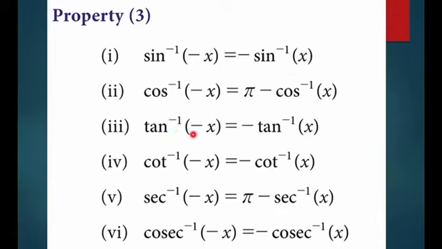Tan inverse of minus x is minus tan inverse. Cot inverse of minus x is minus cot inverse. For cos, cos inverse of minus x is equal to pi minus cos inverse of x. Similarly, secant inverse of minus x is equal to pi minus secant inverse of x.